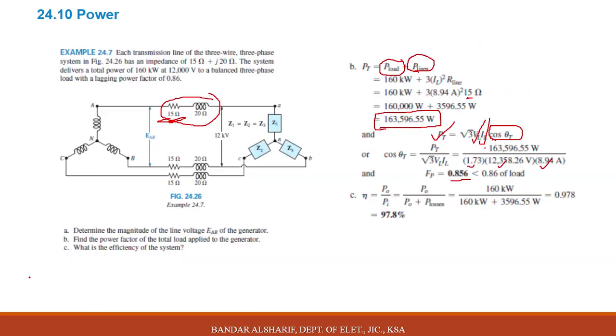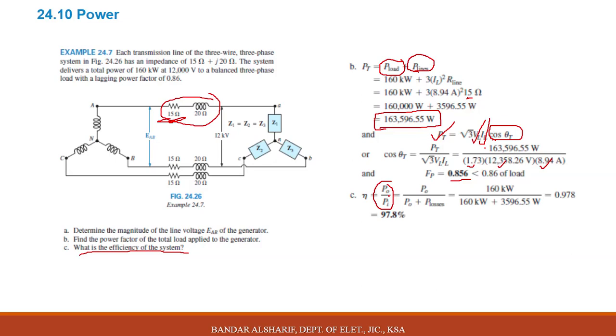Last part: what is the efficiency of the system? To find the efficiency for any equipment or any system, you need to divide the power output by the input, how much we got as output from this input.